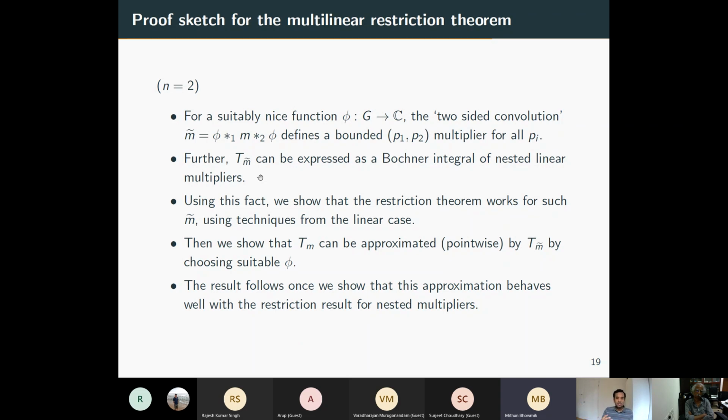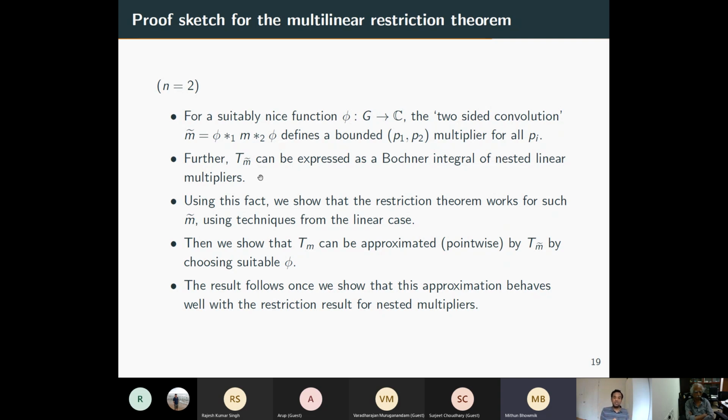Using this, you show first that for these m tildes, you have a restriction theorem using techniques from the linear case, and then we show that these TMs can be approximated pointwise by these TM tilde by choosing suitable phi.